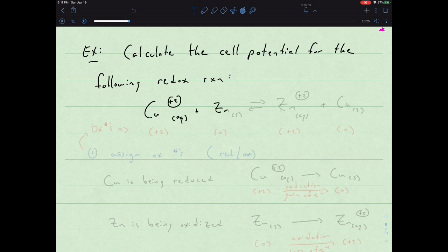Here we have copper and zinc interacting in a redox, reduction-oxidation way. The first step for these types of calculations is that we still have to assign oxidation numbers to figure out what is being reduced and what is being oxidized.